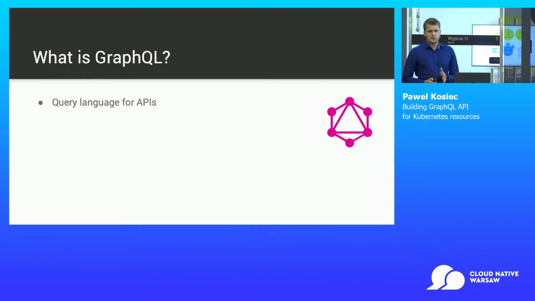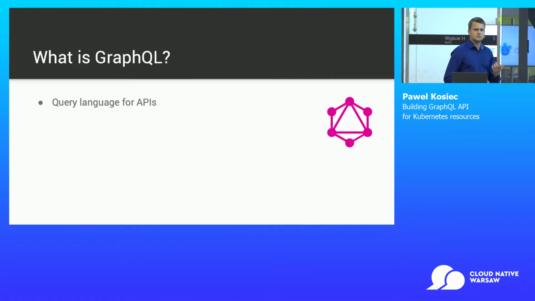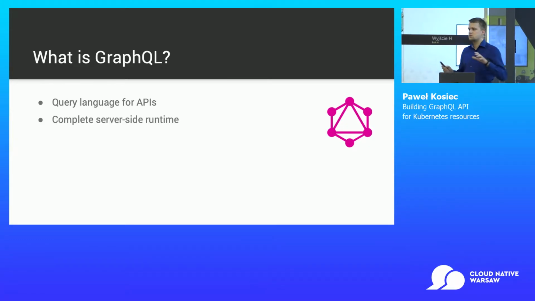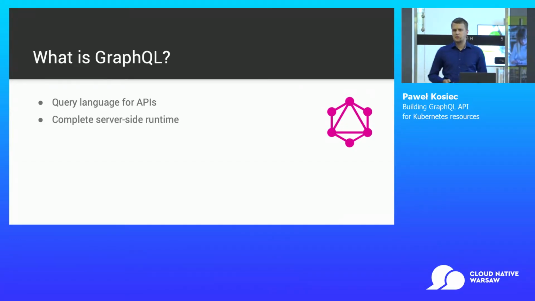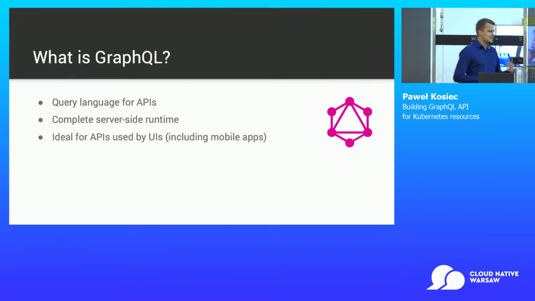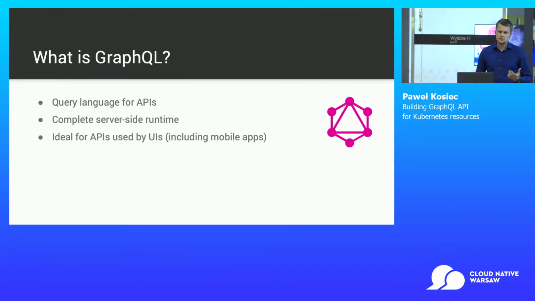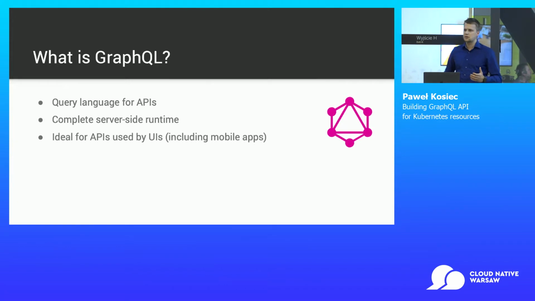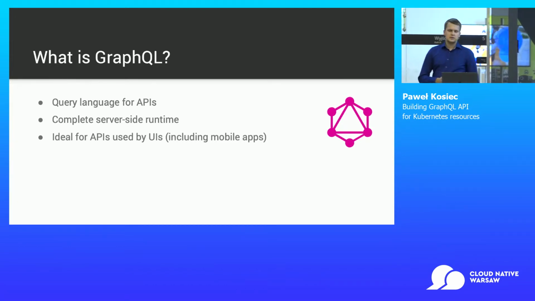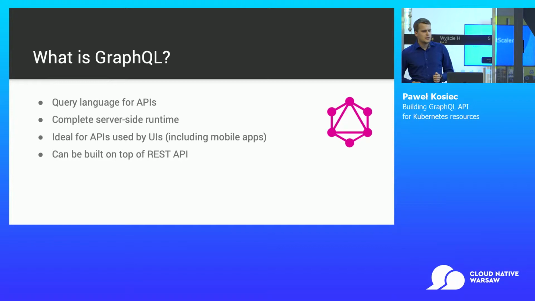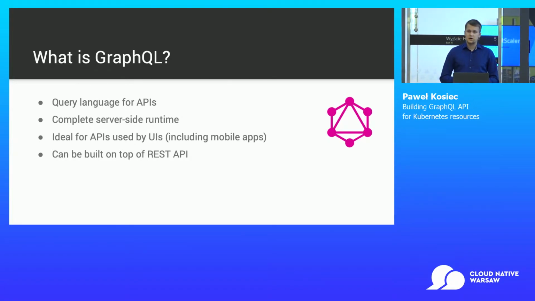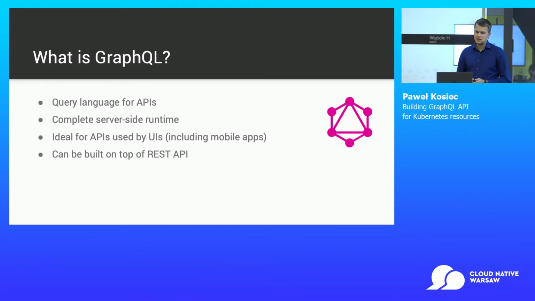So what is GraphQL? GraphQL is a query language for our API, but it's also a complete server-side runtime. It's ideal for using on the UI side, including mobile apps. And it can be built on top of REST API, so we can keep both APIs alive.